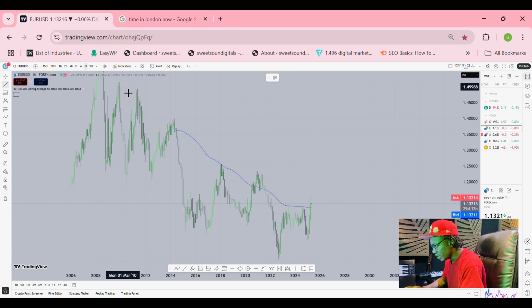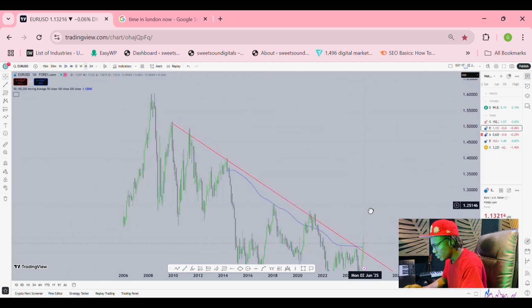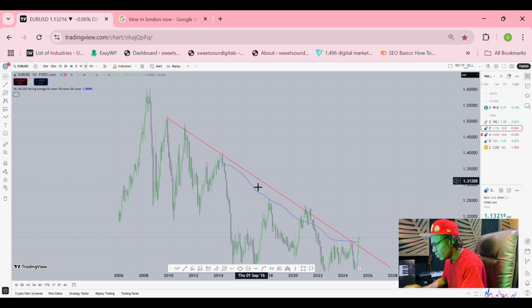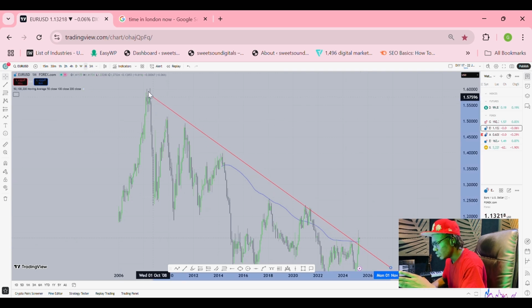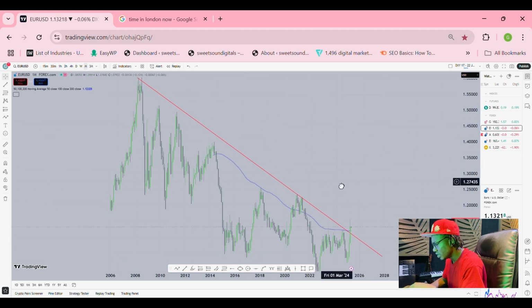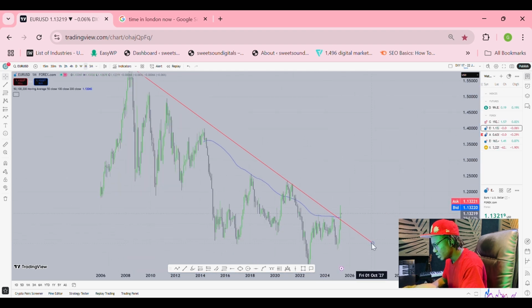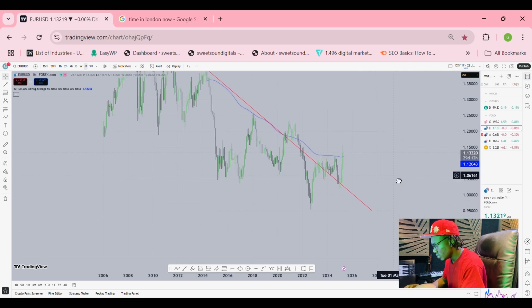I take this trend line from here. I want it to have as many touches as possible. Let's see.